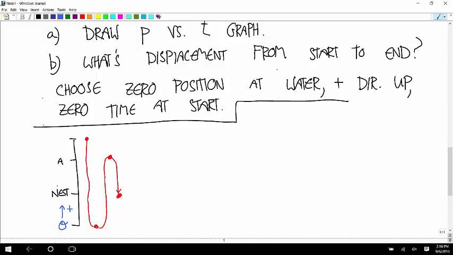The distance between the water and the nest is 3 meters. So if you go 3 meters in the positive direction from 0, what's the label at the nest? Yep, +3. And then it's 5 meters from the nest to A. So what's the label at A? +8. And then it's 2 more meters to the top. So what's that? +10. Perfect.